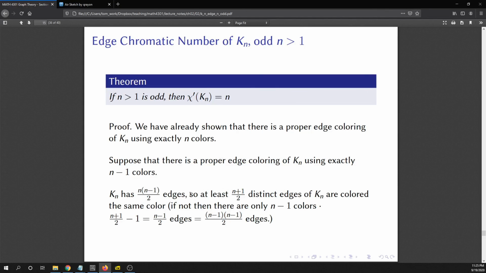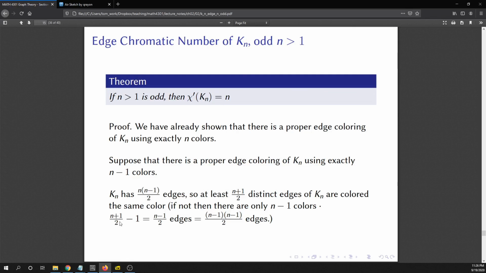And so what we're going to say is there has to be at least n plus 1 over 2 distinct edges of K sub n that are colored the same color. If not, then we have n minus 1 colors times n plus 1 over 2 minus 1 edges. That would mean no color is used on more than n plus 1 over 2 minus 1 edges.